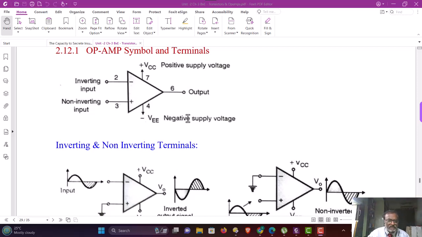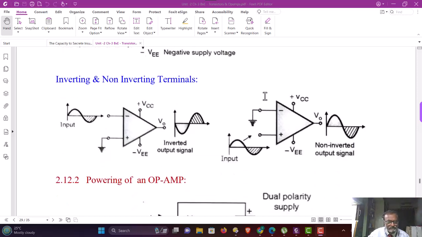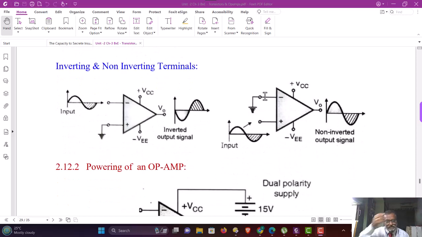Since there are two terminals available, whichever terminal we apply the input to decides the operating configuration of the op-amp. Here, the following figure indicates what I explained already.